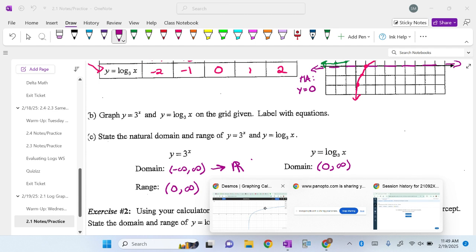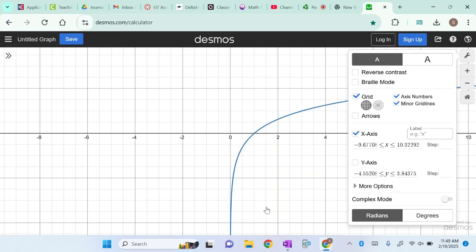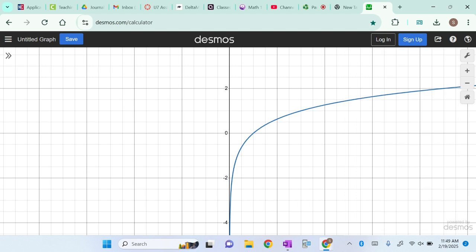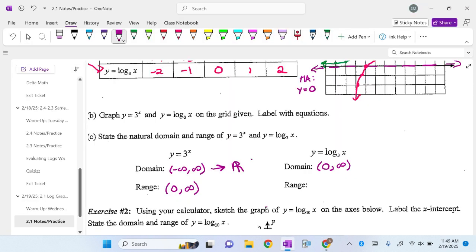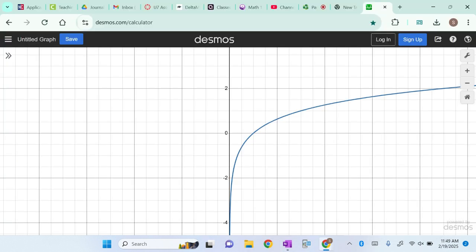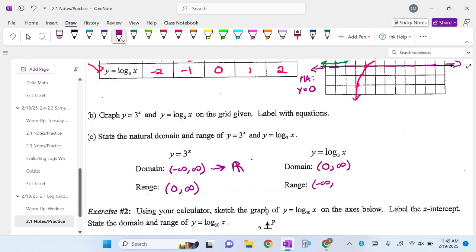Now my range. All right, so I'm going to turn the x-axis off, but the y-axis on. What do you think my lowest y value is? Negative infinity. It'll keep going down forever. What's the highest? Infinity. It'll keep going up forever. I'll bet slowly, but it'll still keep going up.